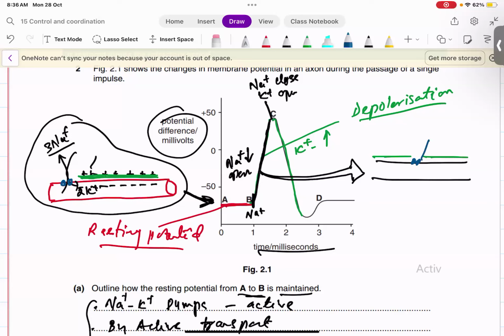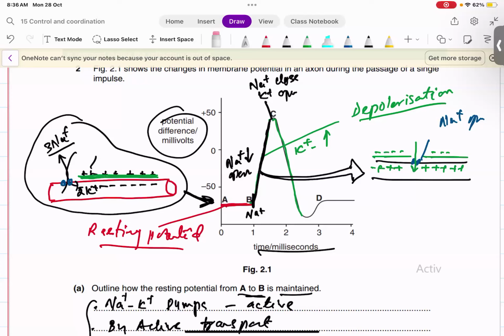These are sodium channels, they open. The sodium would diffuse in. So if more and more sodium diffuses in, inside would become positively charged and outside becomes negatively charged. So this becomes more and more positive.